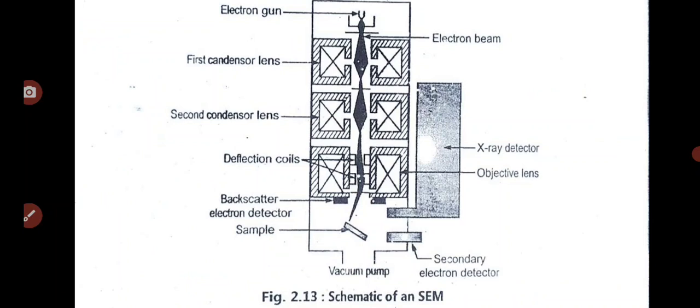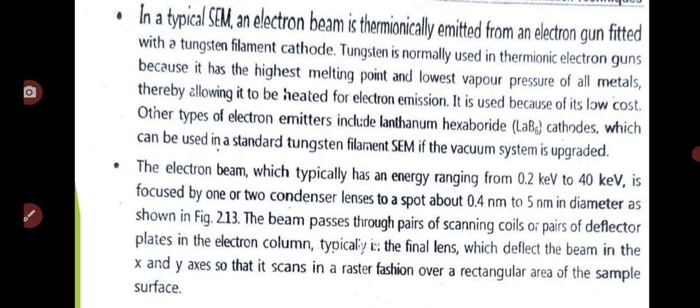The electron beam emitted from the electron gun passes through these lenses and is finally incident on the specimen holder, where the sample is placed. There is the X-ray detector and the objective lens. And this whole process is created in a vacuum, so that's why a vacuum pump is also needed.